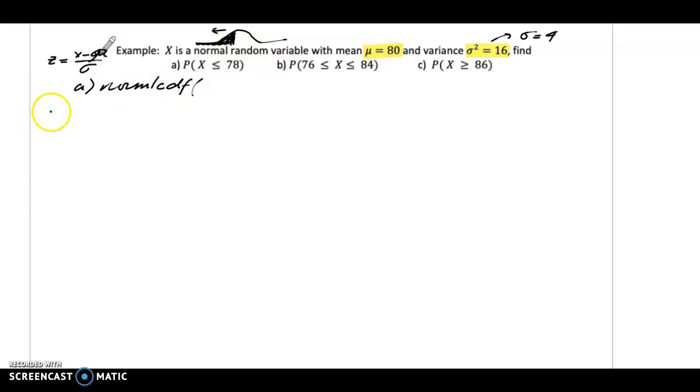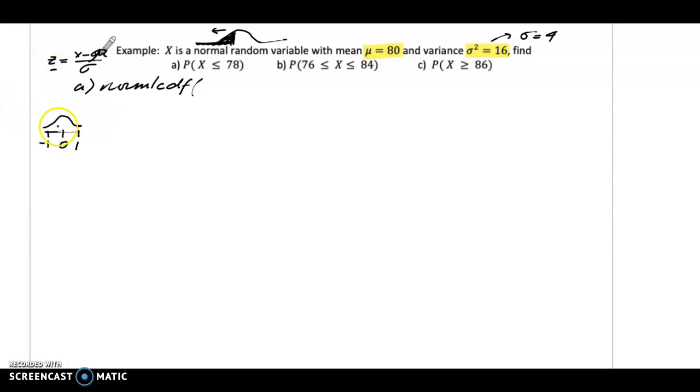So 78, if I'm thinking about this, I'd draw that and I'd say, I don't know where 78 is. But if I switch to Z, it will tell me, because Z will be 0 at the mean. That's a guarantee. And then -1 would be my first standard deviation, and that would be 1.